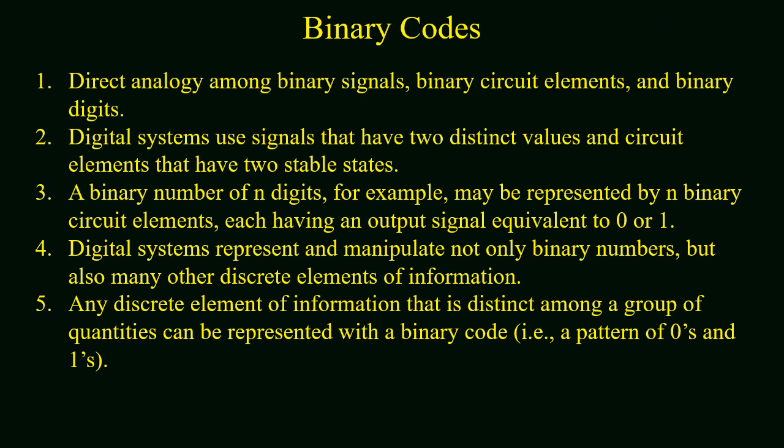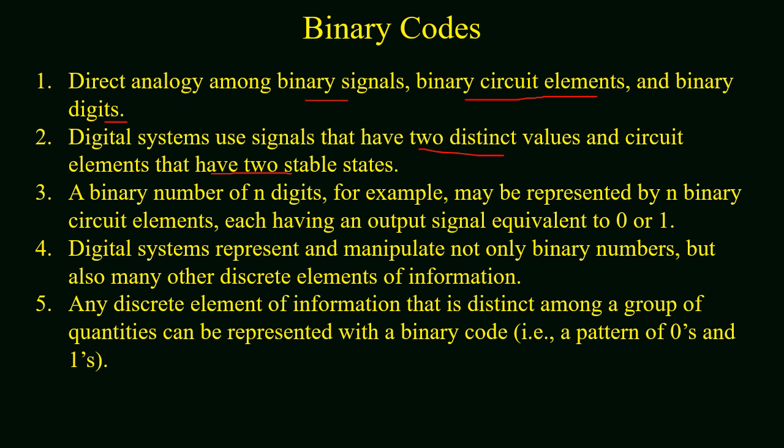Before starting binary codes, we are trying to develop a relation between binary signals, circuit elements and binary digits. We know that the digital system uses signals which have two distinct values, or any binary digit can have two different values, and these values can be either 0 or 1.